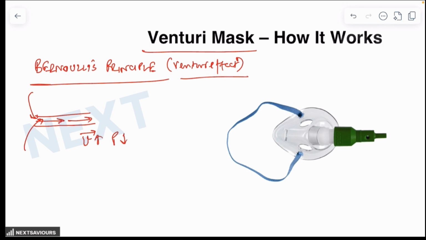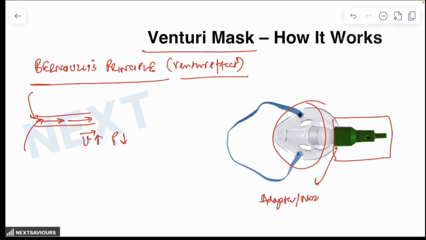Now, as you can very clearly see in the structure over here, each face mask is connected to an adapter or nozzle. Now, how is this Bernoulli principle applied onto the nozzle? Each nozzle has a narrow jet orifice through which the oxygen flows, and the side holes. These are the side holes through which the ambient air enters.